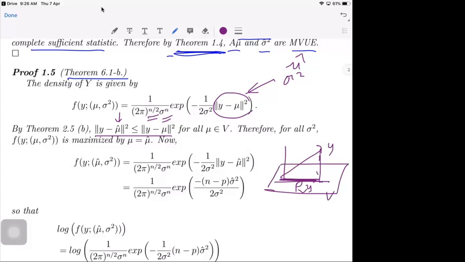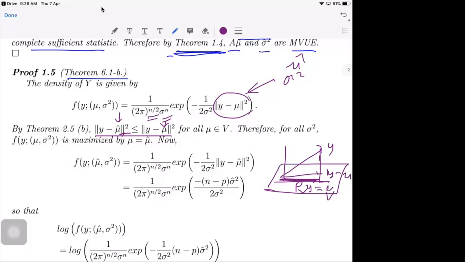So for any competing value of mu, mu hat is the closest that you have, or the square norm or the distance will be less than or equal to the distance of any competing difference, say y minus mu.